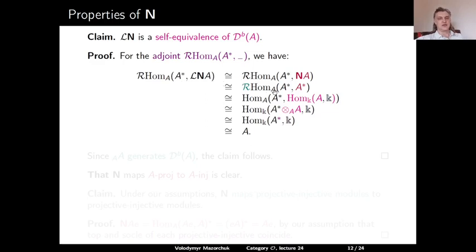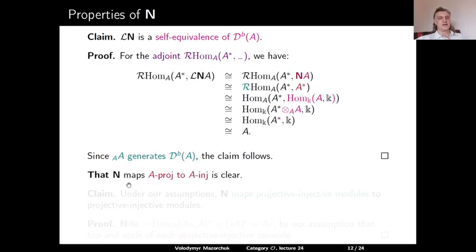And similar computation can be done from the other side. And since A generates DBA, it follows that the left derived of the Nakayama functor and its adjoint are mutually inverse equivalences of categories.